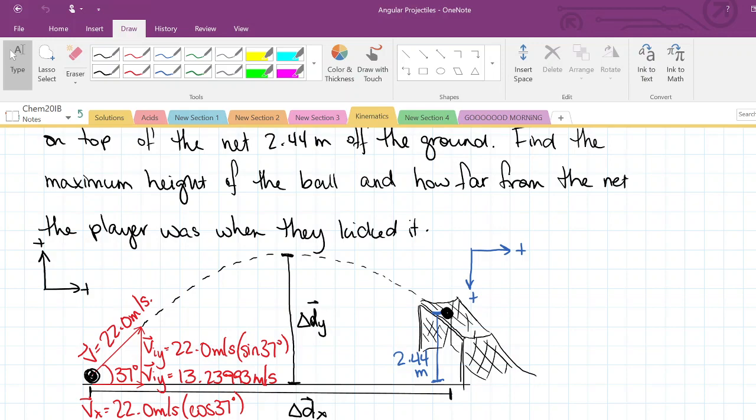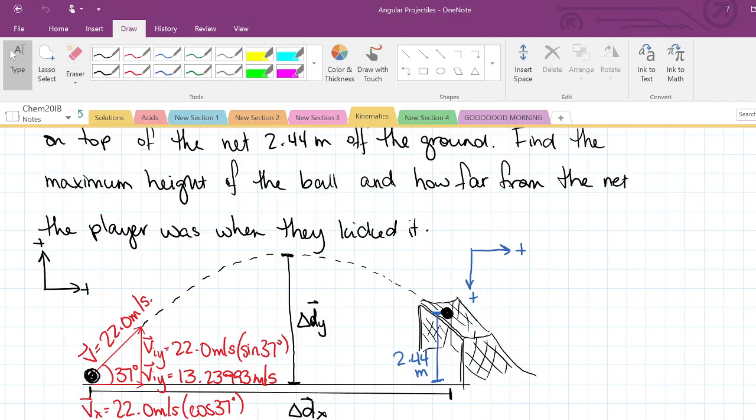The problem has told me that originally the soccer player is going to kick the ball with a velocity of 22.0 meters per second at an angle of 37 degrees to the horizontal, right? So that's the angle that the ball is being kicked at. It's going to fly up in the air, and eventually when it lands, it's going to land on top of the soccer net, and that net is a height of 2.44 meters off of the pitch.